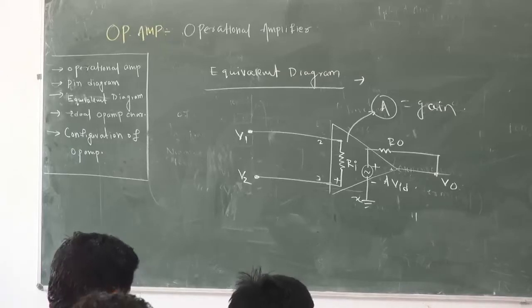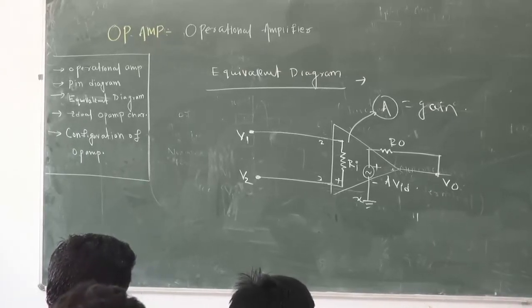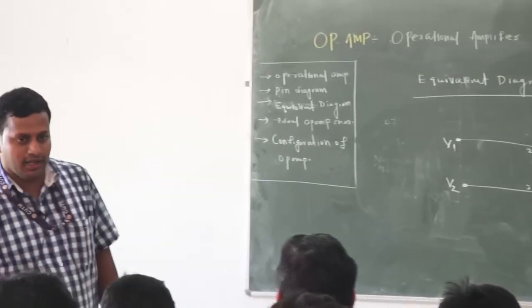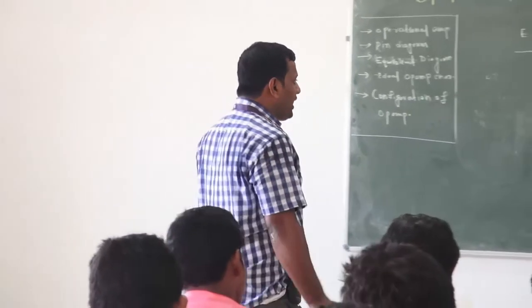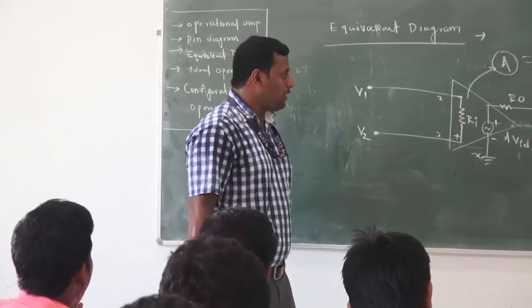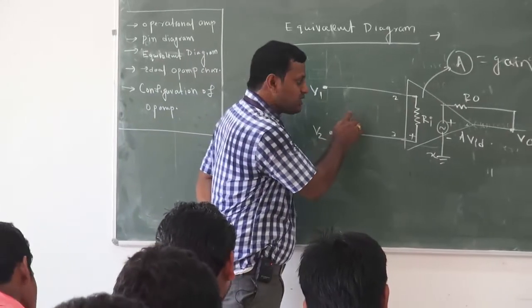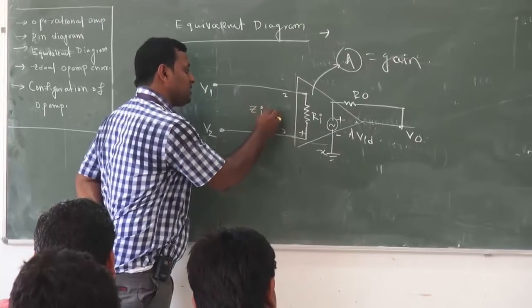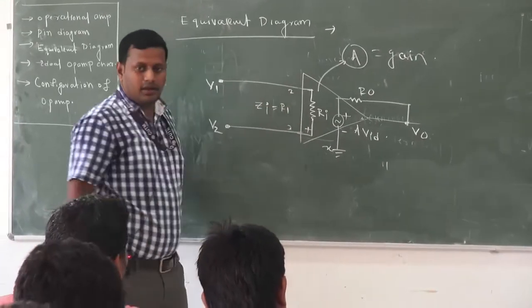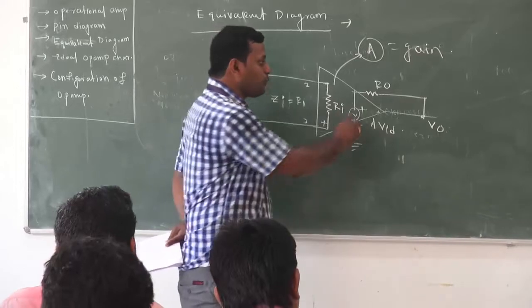Like your BJT or FET, the op-amp also has a small signal model, or equivalent diagram. The op-amp is a device which has some input impedance, suppose Zi equal to Ri, and it has some output impedance.